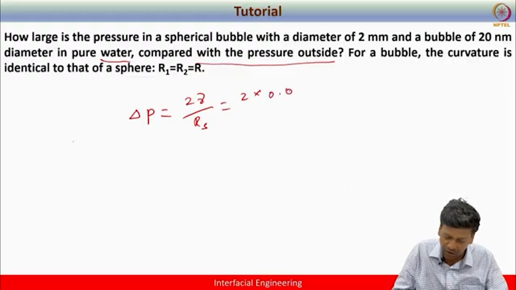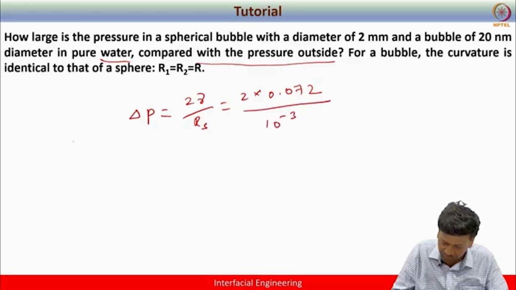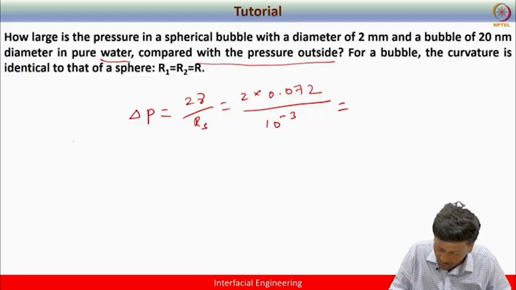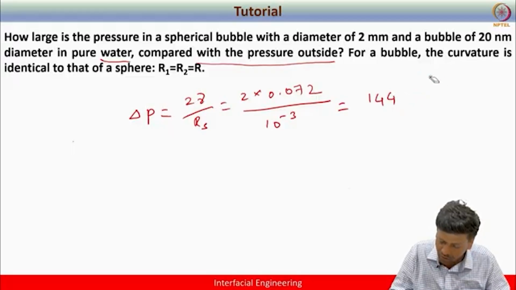So one would take 0.072 Newton per meter divided by the radius of curvature. Diameter is 2 mm, so you can take radius as 1 mm, which is 10 power minus 3. So in this case, one would get 10 power minus 3 into 10 power 3. So it is simply nothing but 144 Pascal, right?